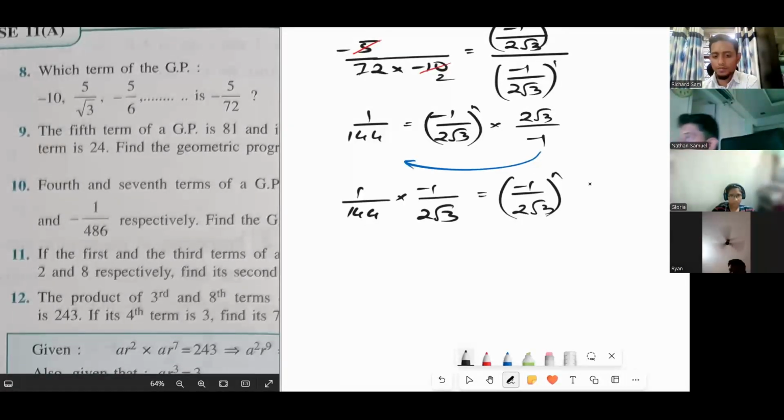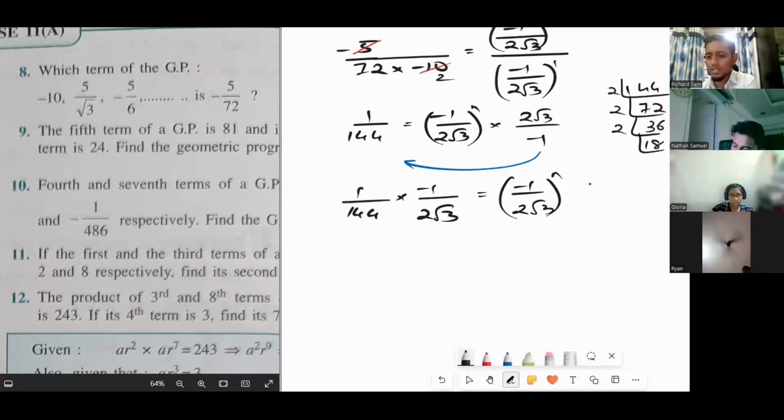Okay. Now what is 144? 12 square? 12 12s are 144, no? Okay, if you factorize 144, prime factorize, 2 72s, 2 36, 2 18s, 2 9s, and then 3 3s.